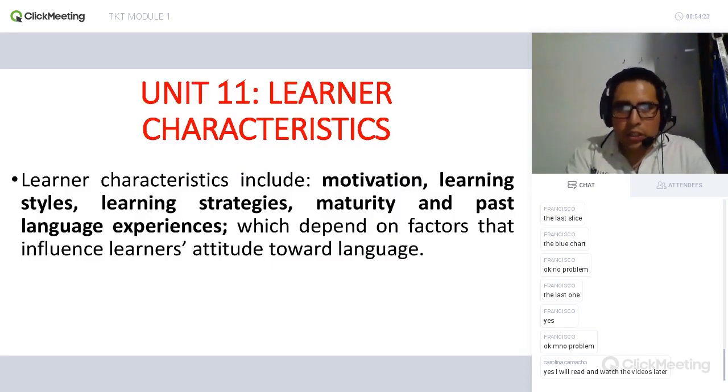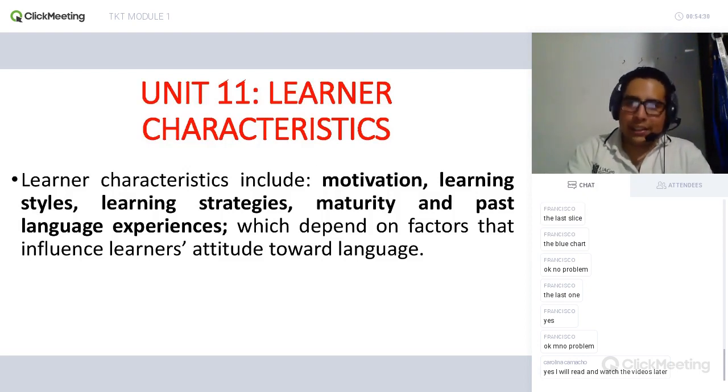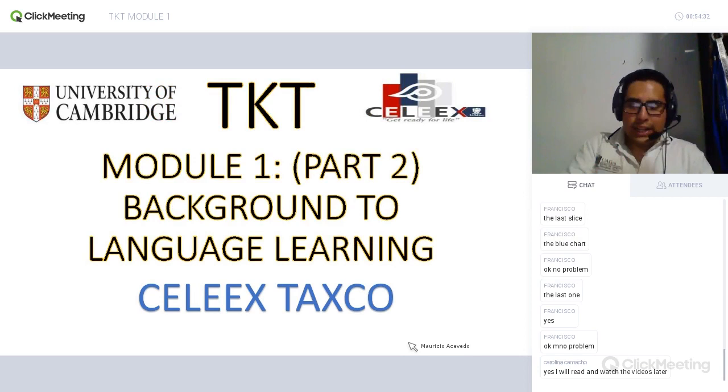Today we're going to be talking about learner characteristics. What are learner characteristics? Before I start with the class, I want you to pay attention.